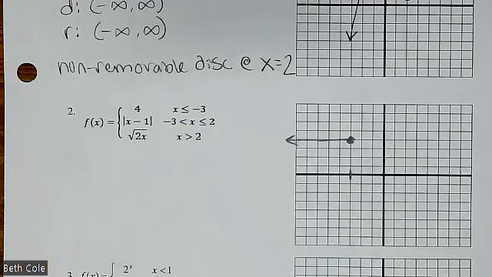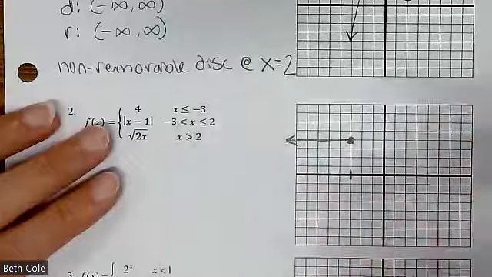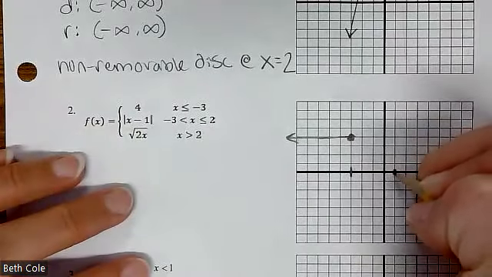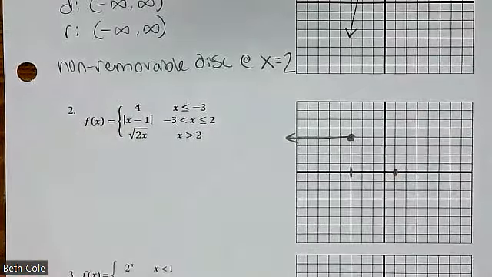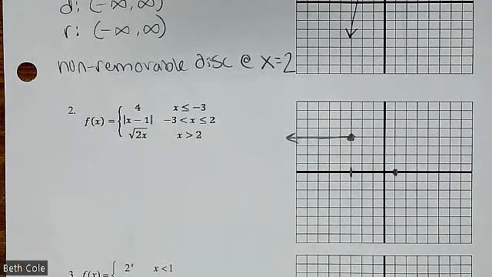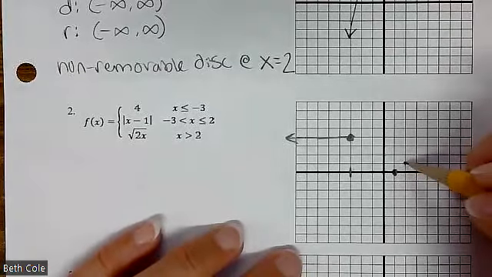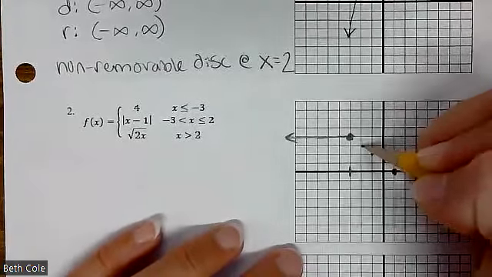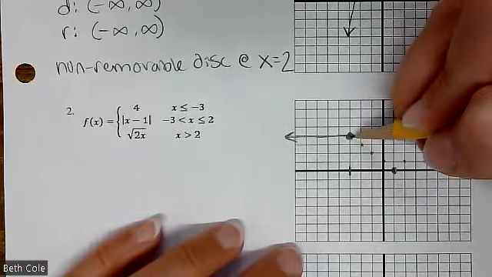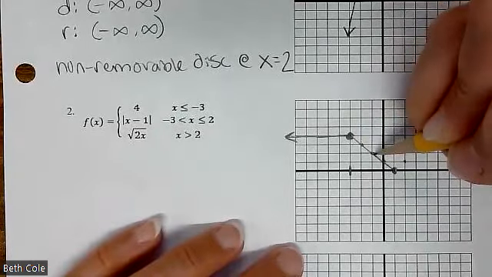All right, how about that middle section? What is that going to look like? A V. What direction did it shift? Up, down, left, right? It went right 1. So we're going to go right 1, put a point. And it didn't get stretched or shrunk at all. So you can use 1 as your slope. You're going to go up 1 over 1 in each direction. So, oh my gosh, what happened on the left side there?